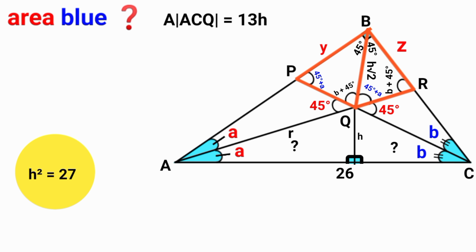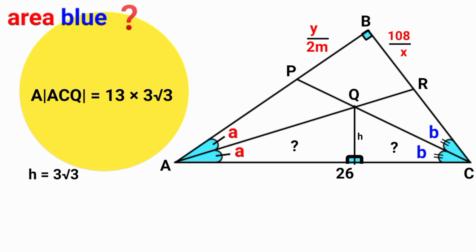Take the square root of both sides. Here the square root of h squared is h, while here the square root of 27, we know 27 is 9 times 3. And the square root of 9 times 3 is root 9 times root 3. Root 9 is 3. 3 times root 3 is 3 root 3. So h equals 3 root 3.